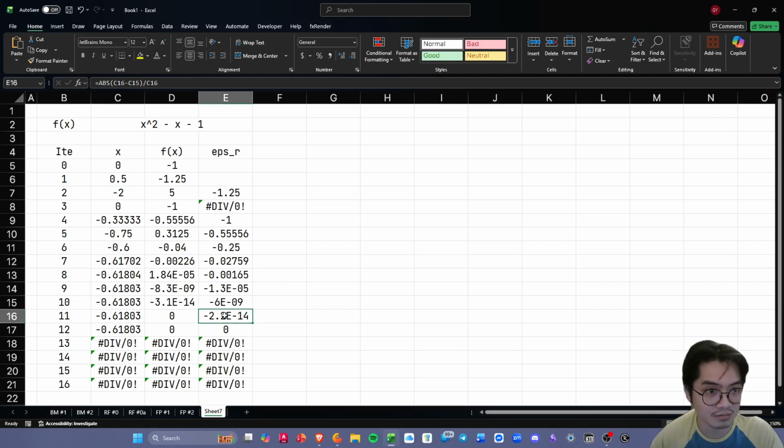In this case, look at this, the epsilon value for iteration 11 is already at 10 raised to negative 14 because it is already so accurate, or so precise, right? There you go. That is the secant method.